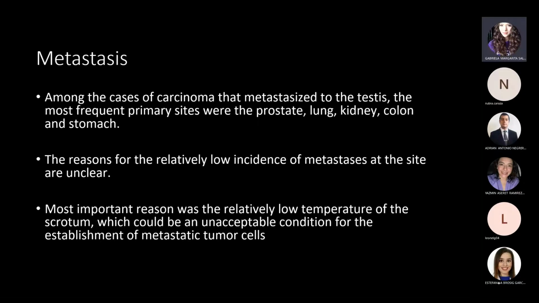Among the carcinomas that metastasize to the testes, the most frequent primary sites were the prostate, lung, kidney, colon, and stomach. The reason for the relatively low incidence of metastasis at this site is unclear, but the most important reason may be the relatively low temperature of the scrotum, which could be an unacceptable condition for the establishment of metastatic tumor cells.